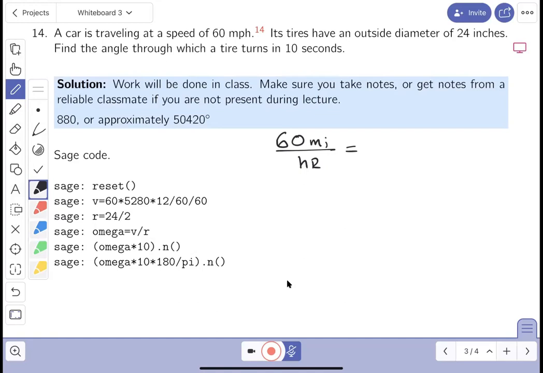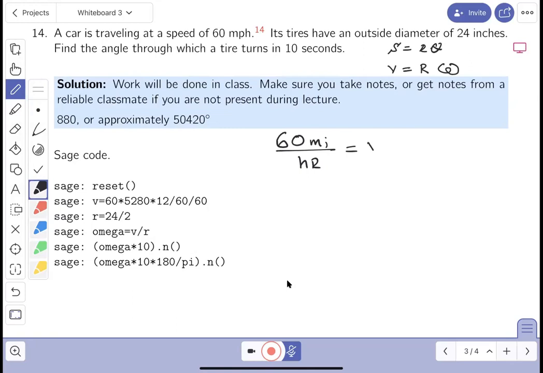We talked about S equals R theta. I divided both sides by T, and S divided by T we called velocity, and theta divided by T we called angular speed. So velocity, linear velocity, is equal to the radius times the angular speed, which is the letter omega. All right, so let's keep going.